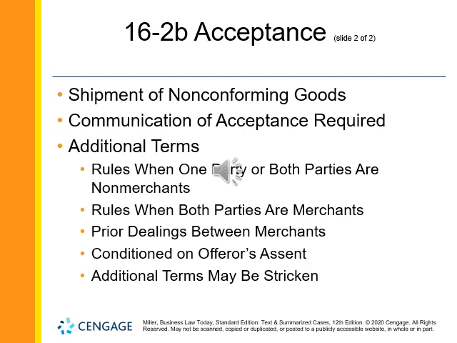In other words, the only time the mirror image rule is truly dispensed with is in the case of both parties being merchants. So if both parties are merchants, the additional terms automatically become part of the contract, unless the offer expressly limits acceptance to the terms of the offer, the acceptance's new or changed terms materially alter the contract, or the offeror objects to the acceptance's new or changed terms within a reasonable period of time.